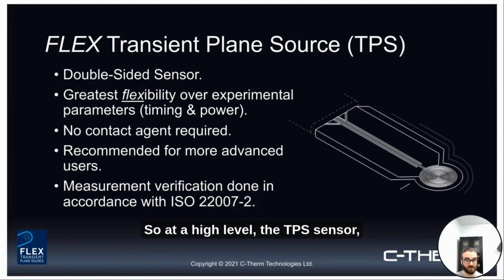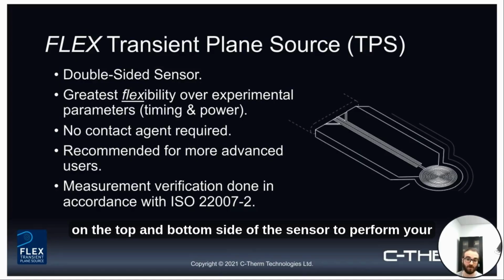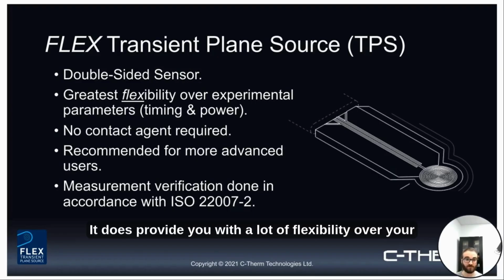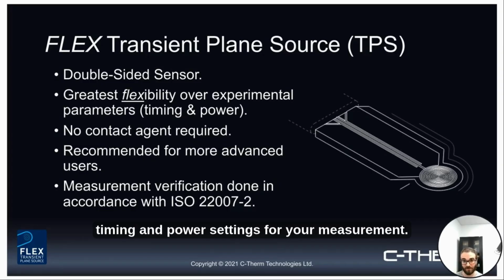So at a high level, the TPS sensor, transient plane source, it's a double-sided sensor design. This means that you do need to have a sample on the top and bottom side of the sensor to perform your measurement. It does provide you with a lot of flexibility over your experimental design, specifically looking at adjusting the timing and power settings for your measurement.